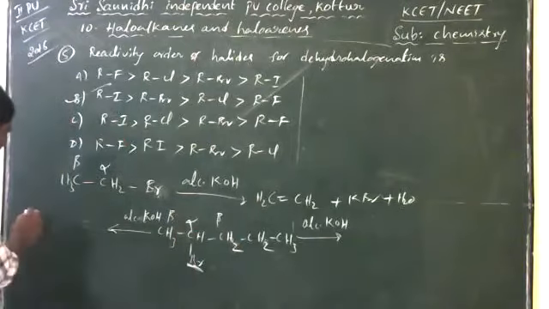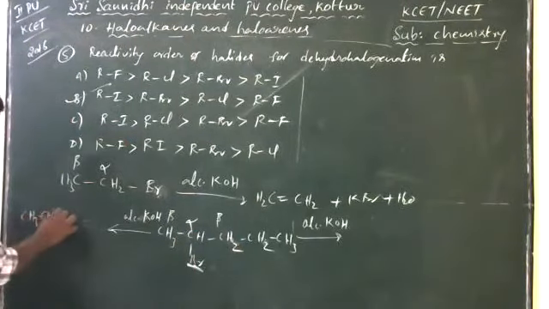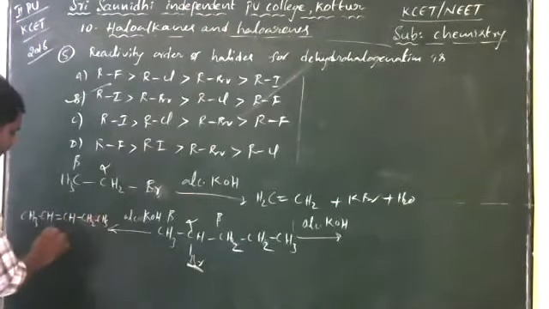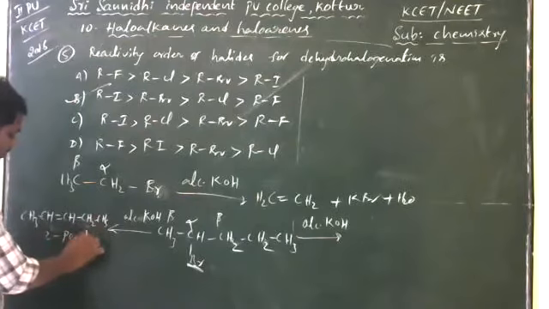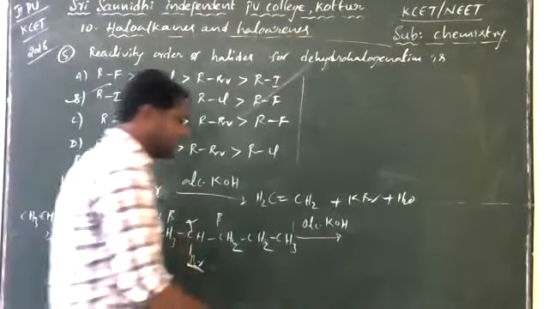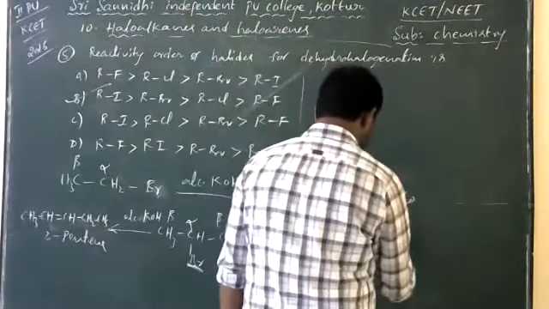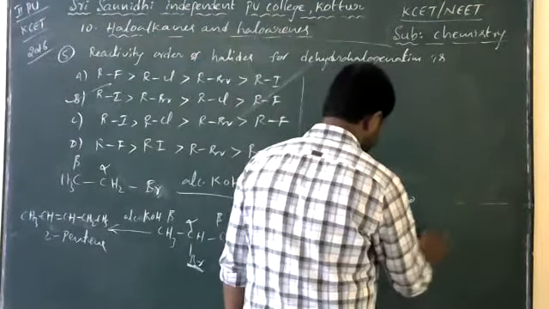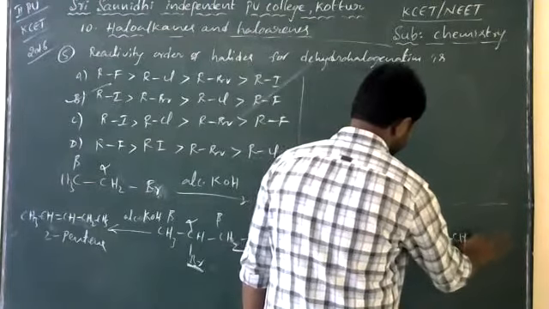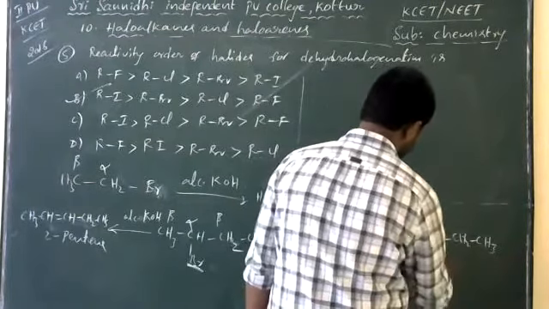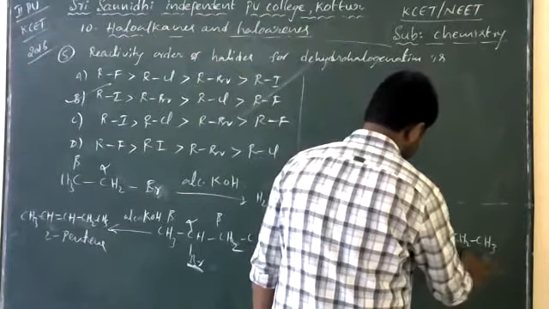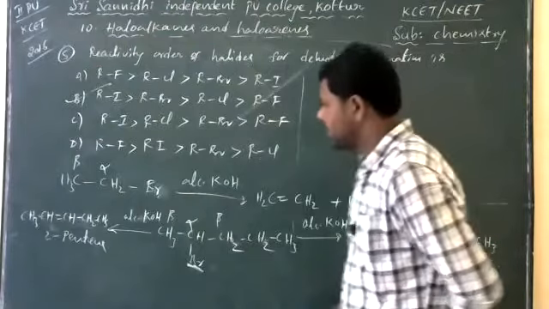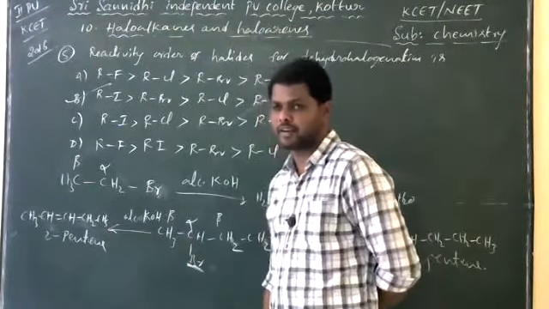So the major product in this case is CH3CH=CHCH2CH3, which is called 2-pentene. And one more product is formed, CH3CH2CH2CH=CH2, 1-pentene. So in dehydrohalogenation, the preferred product must be the alkene which has the greater number of alkyl groups attached to the doubly bonded carbon atom.